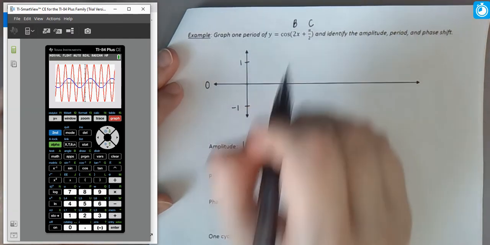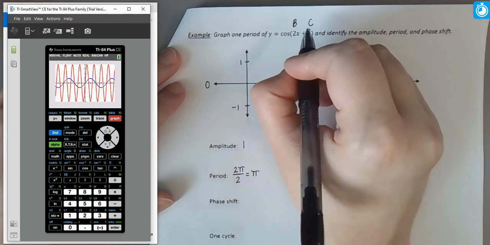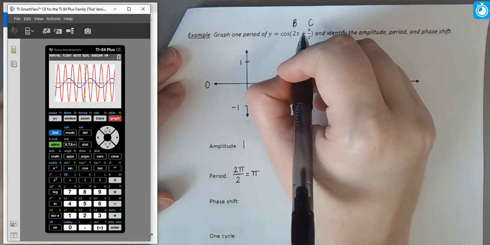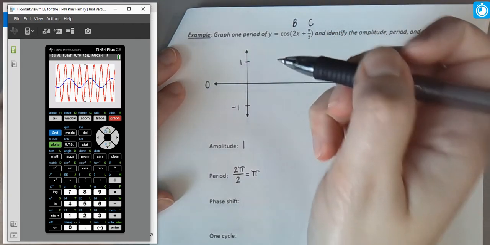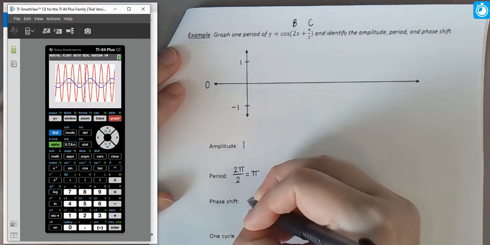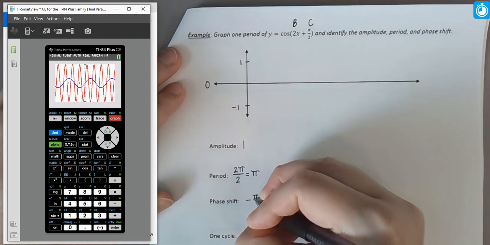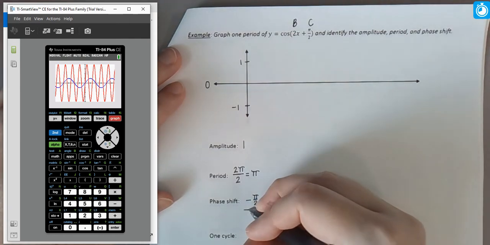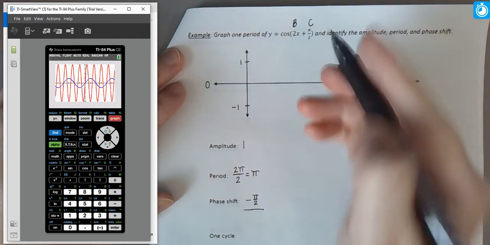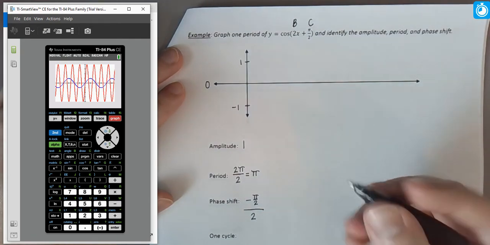Now the phase shift is new. We haven't done a phase shift before. So our phase shift, notice we have a number that's positive, which means we're actually going to shift in the negative direction. So the phase shift itself is actually a negative number. It's going to be our value for C, which in this case is negative pi over 2, divided by our value for B, which is going to be 2.